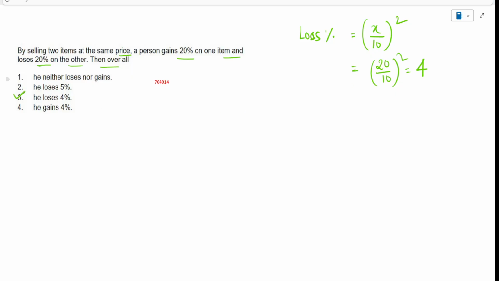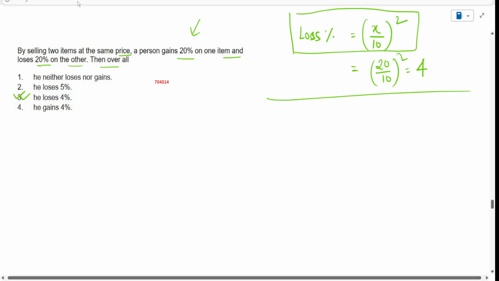Always a loss of 4%. This is the direct formula, if you remember it. Otherwise you can also solve the question, but it takes a little bit of time.